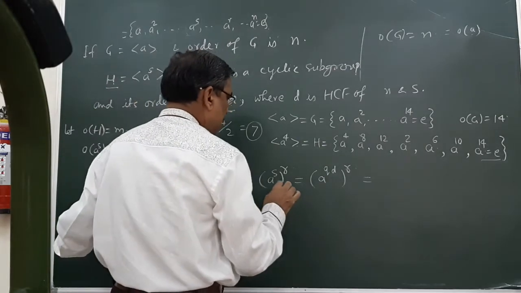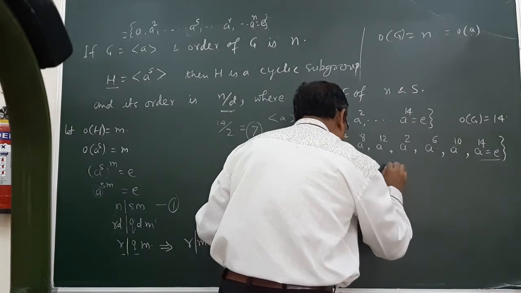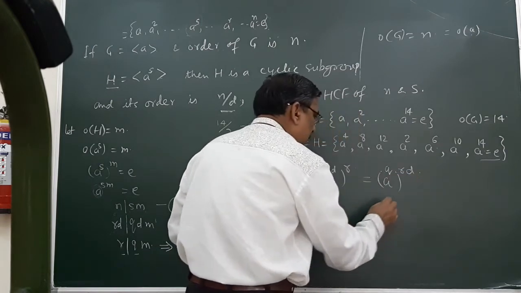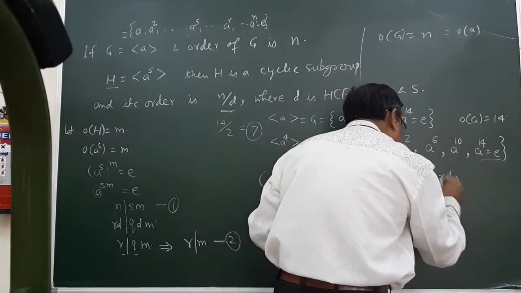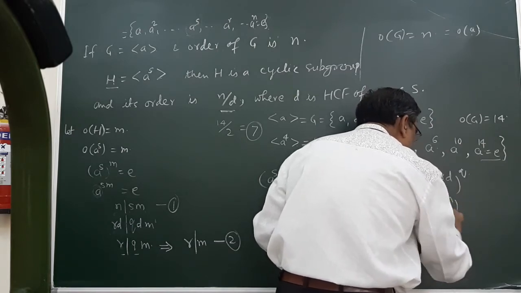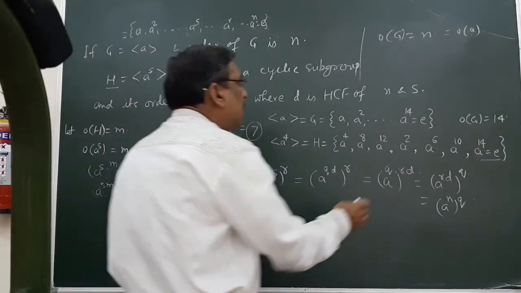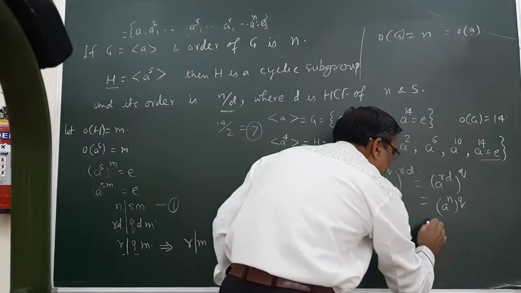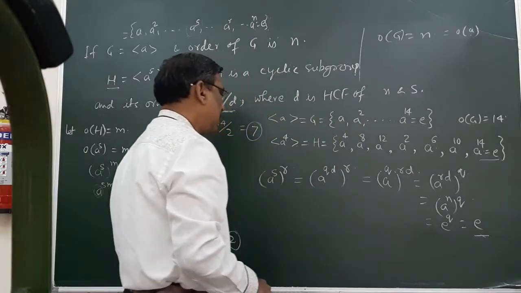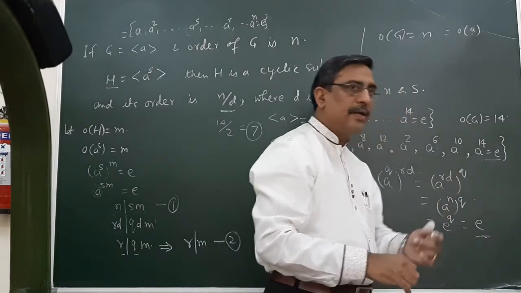So I may write A raised to the power Q raised to the power RD, or this I can write A raised to the power RD raised to the power Q, and this is nothing but A raised to the power N raised to the power Q. A raised to the power N is equal to identity, so it is E raised to the power Q, and it is identity. So A raised to the power S raised to the power R gives us identity.